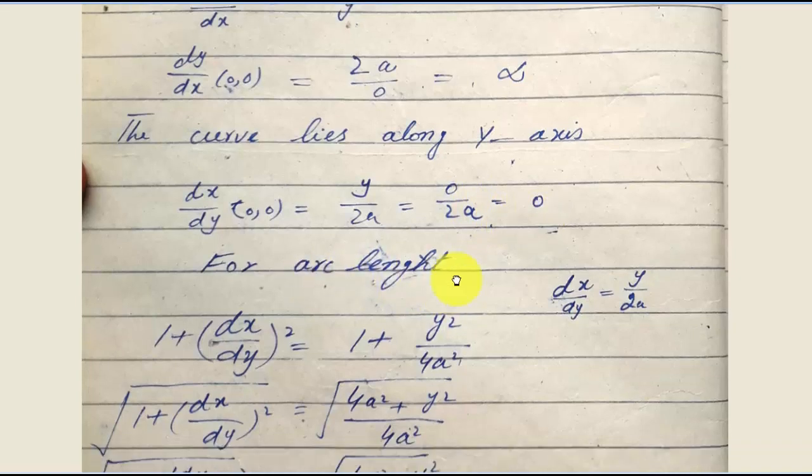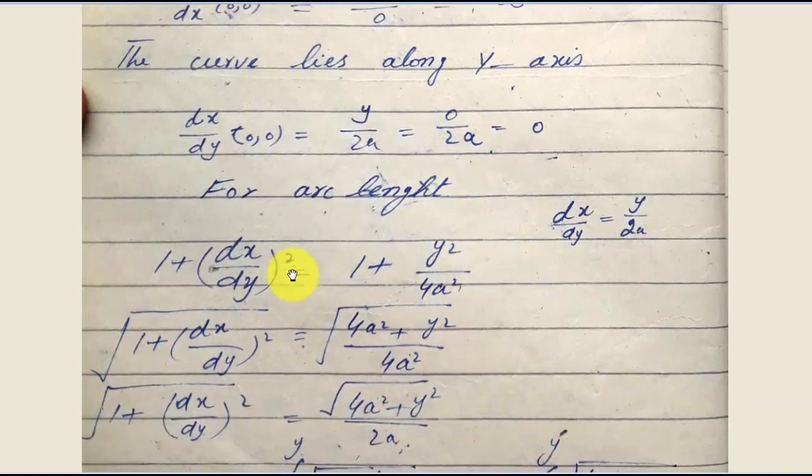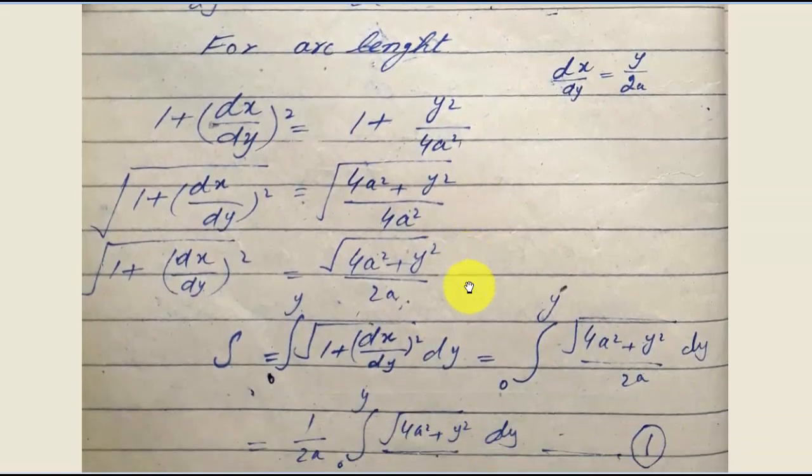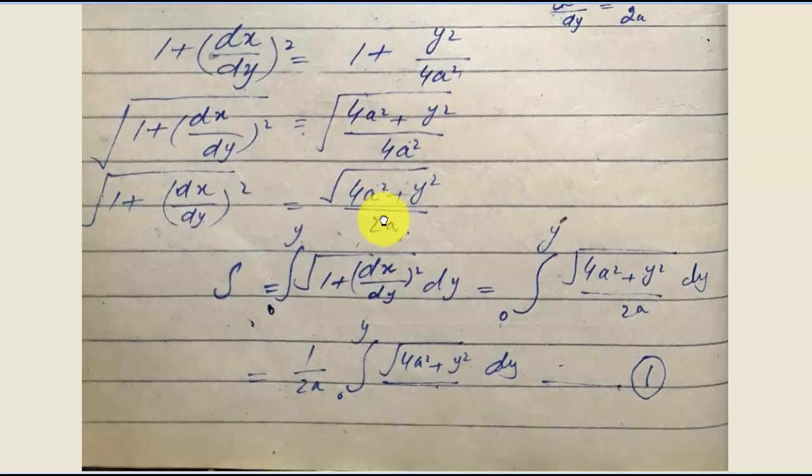For arc length, we know that 1 plus (dx over dy) square is equal to 1 plus y square over 4a square. Then 1 plus (dx over dy) whole square is equal to (4a square plus y square) over 4a square. Take the square root. After simplification, the square root of 4a square plus y square over 2a.